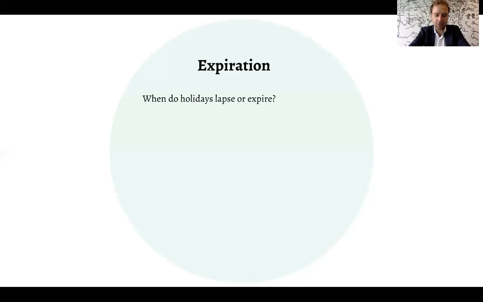Holidays in excess of the statutory entitlement expire after 5 years from the day on which they are accrued. So for instance, the vacation days that are accrued on the 1st of March 2015 or the 1st of July 2015, they expire on the 1st of July 2020.